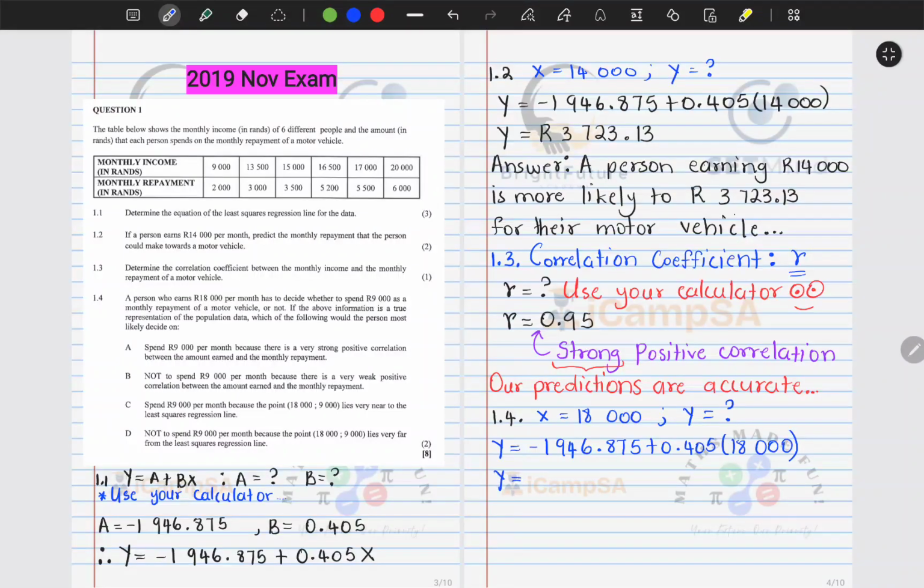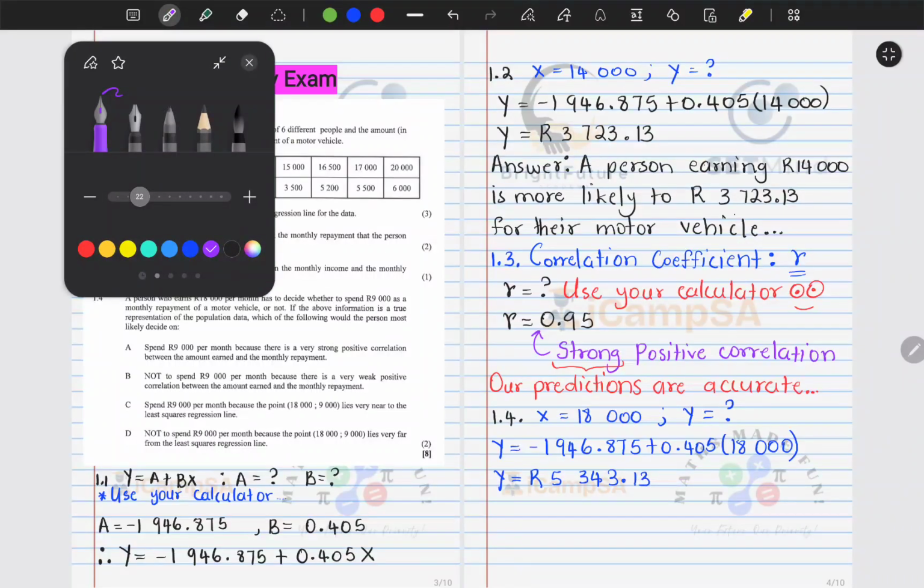So I first need to figure out this y. So you'll see that we have negative 946.875 plus 0.405 into 18,000. So what we end up finding is if this was following the least squares regression line, this person was supposed to be paying about 5,343.13.